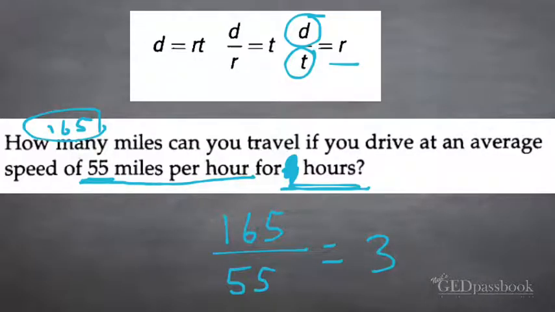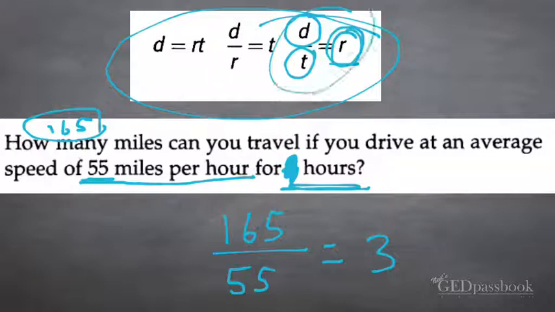The distance one, again, all of this was the distance formula, but there's 3 specific ones in order to find whatever the question is asking for. If you want to just look for the distance, it's going to be this one right there. If you just want to look for the timing, you're going to use that one. If you just want to look for your rate, as in your speed, you'll use that one right there.